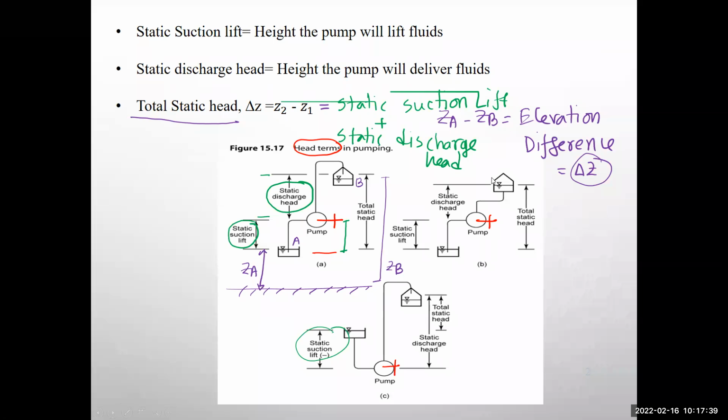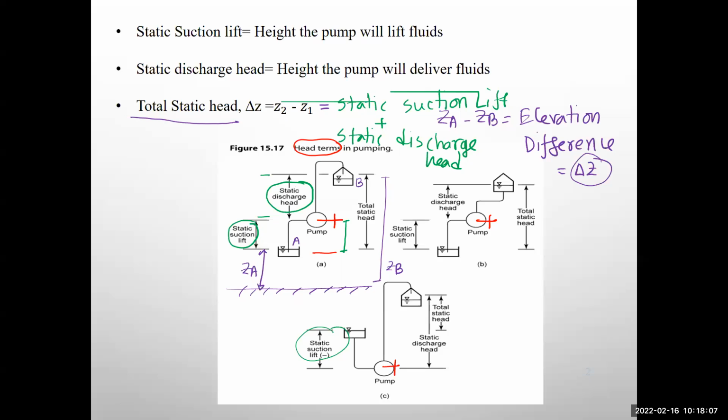Now, once we know that, we will use these head terms to get the expression for the pump head. Before we start working on that, in which equation do we use the pump head? Like in which equation do you see the pump head term? The energy equation, right? If we want to apply the energy equation between 2 points, we see a term called pump head.